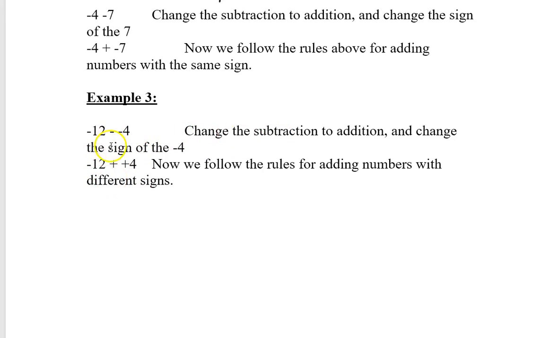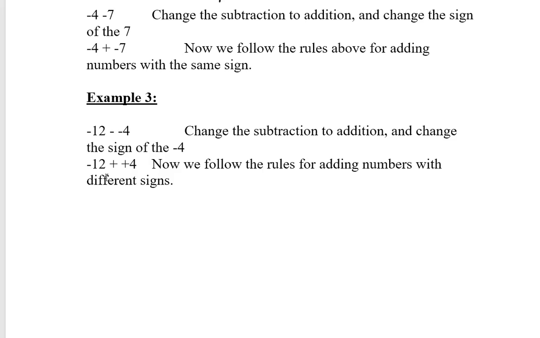So using those addition rules, now I have a negative 12 and a positive 4. I'm adding them together. Okay, and so now I have to use the addition rules for different signs. Different signs subtract. We're going to keep the sign of the greater absolute value. So my greater absolute value here is the 12. So I'm going to have a negative 12, and I'm going to add the 4.